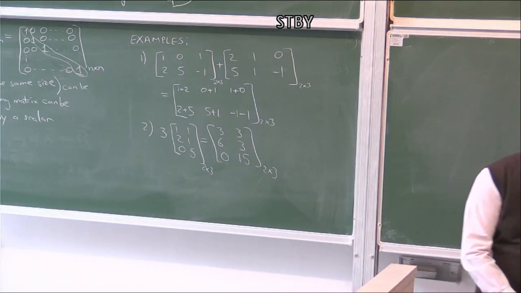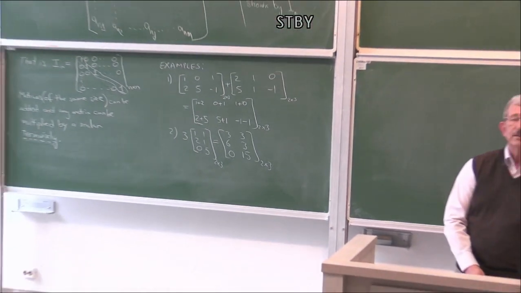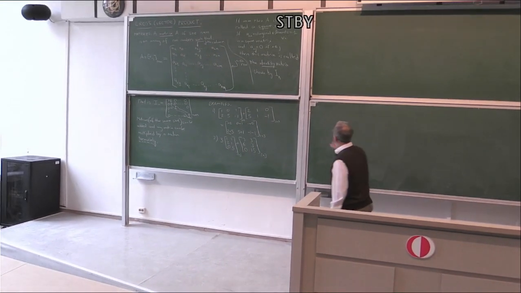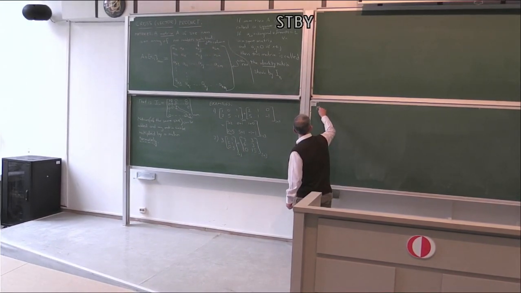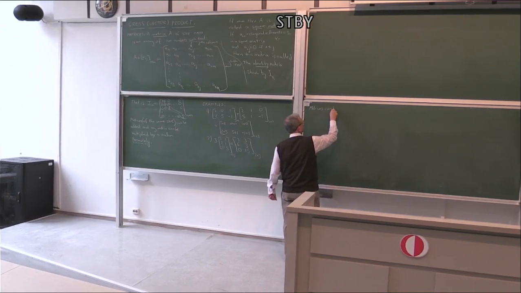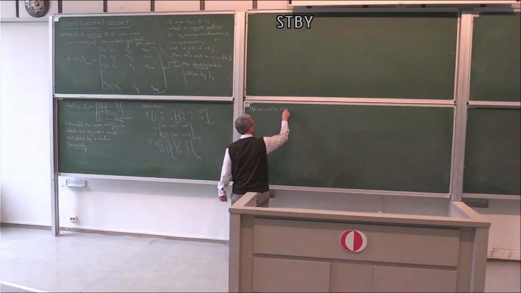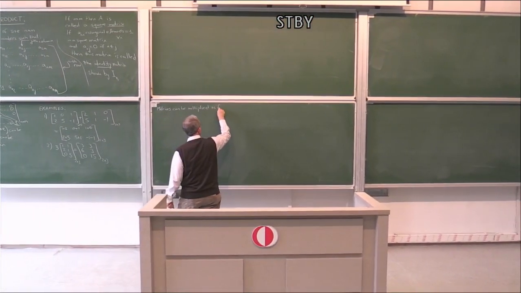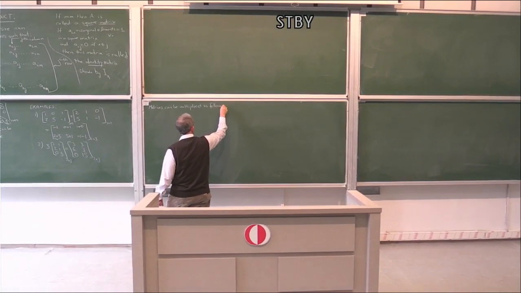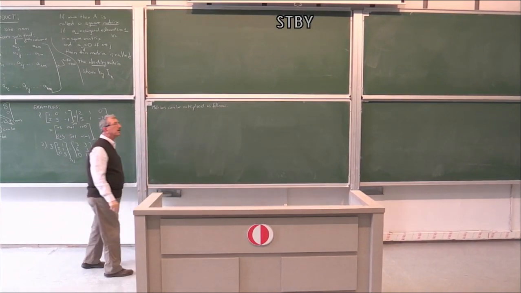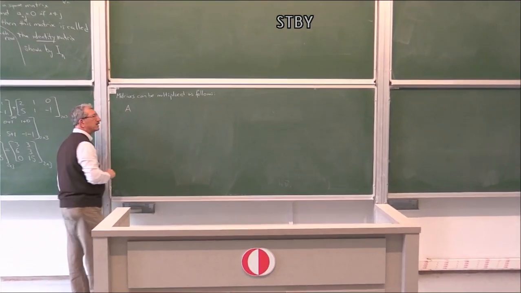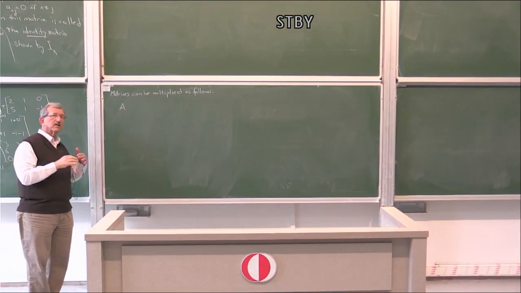Now, an interesting thing about matrices is their products. We can multiply matrices. First of all, to multiply two matrices, we need the sizes, in some sense, matching.